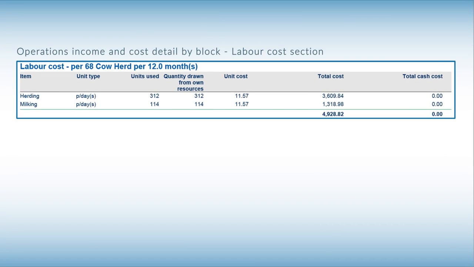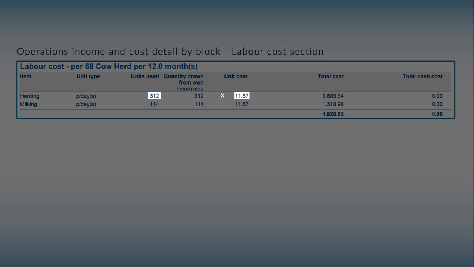Similarly, we can see that 312 person days are required for herding and 114 person days for milking the 68 cows in a 12-month cycle. But this labour is provided in kind by beneficiaries and therefore not hired. As for the milk, this requires that the labour costs be entered into the software as part of total costs, not as cash costs.